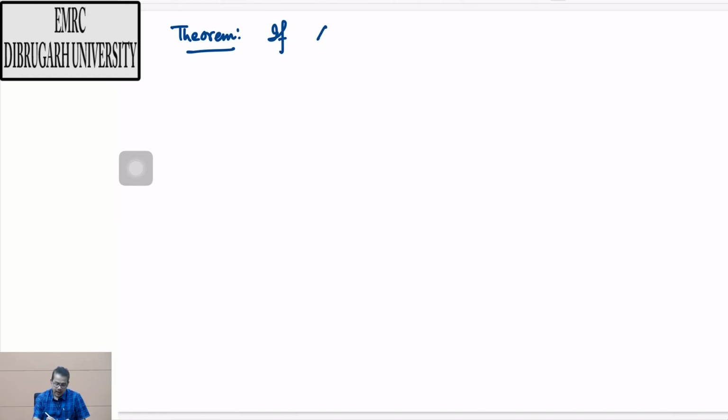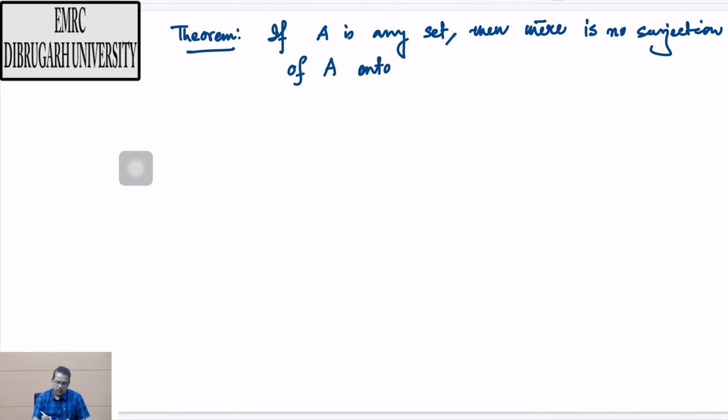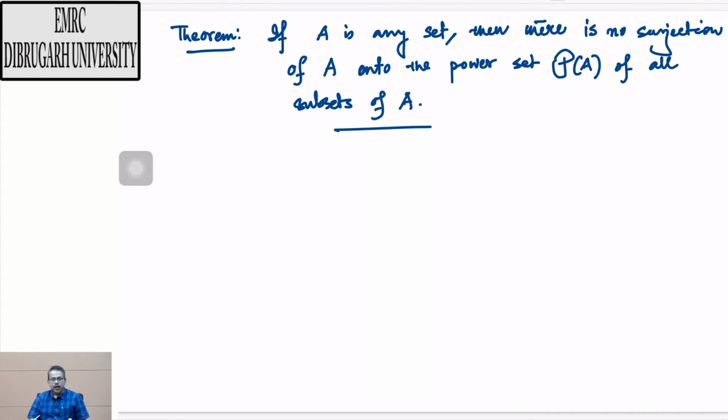If A is any set, then there is no surjection of A onto the power set P(A) of all subsets of A. This is what Cantor's theorem states.